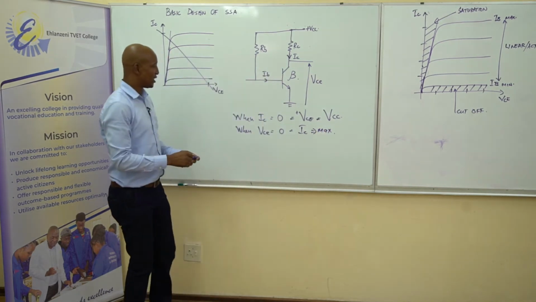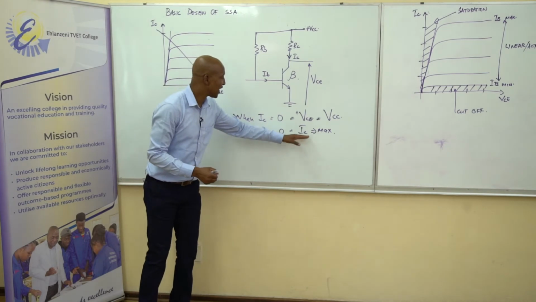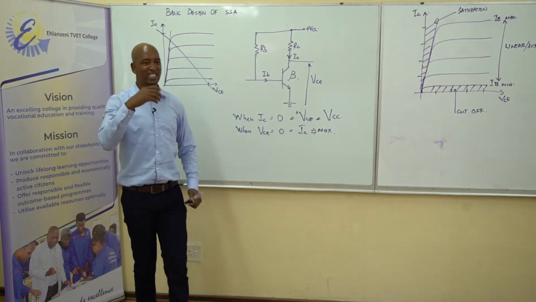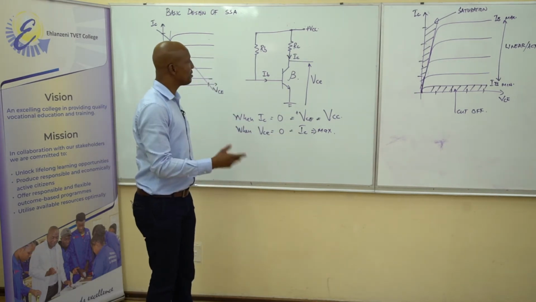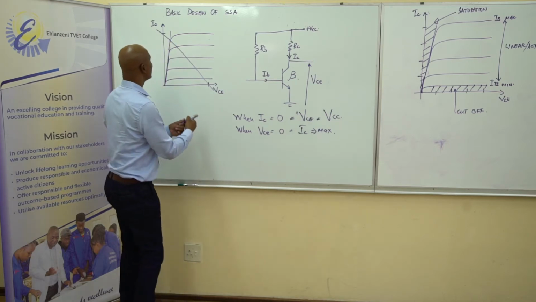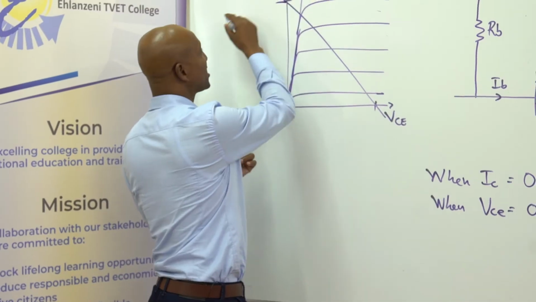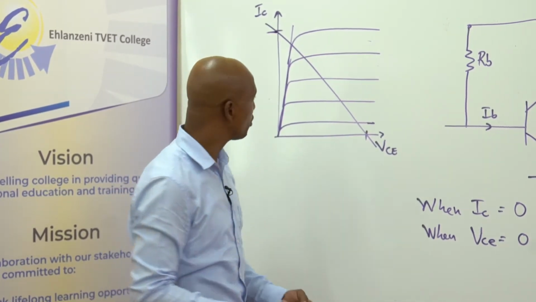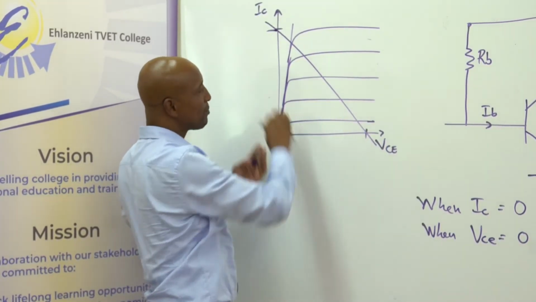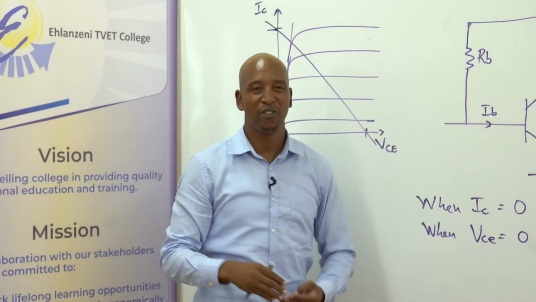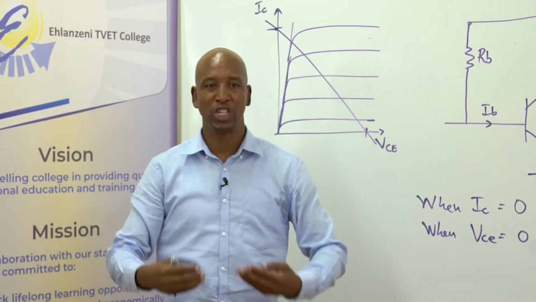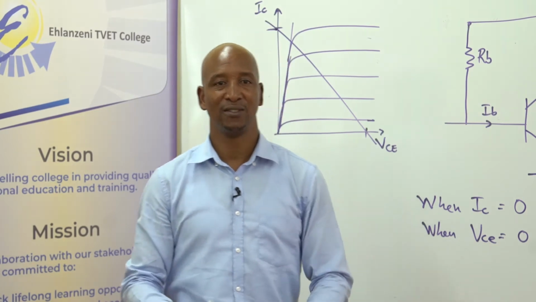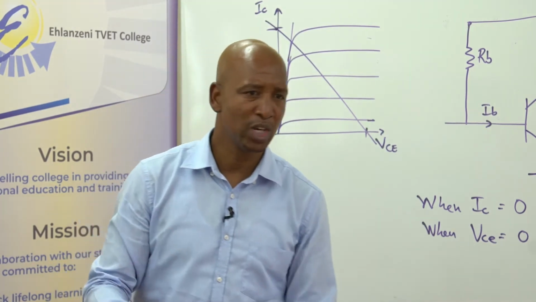I need to determine the value of IC maximum when we say it's saturation. Remember, we don't need to drive the transistor above saturation; it is no longer an amplifier then. So we need to be careful of the maximum collector current that can flow before the transistor reaches saturation. We have to avoid the transistor going into saturation.